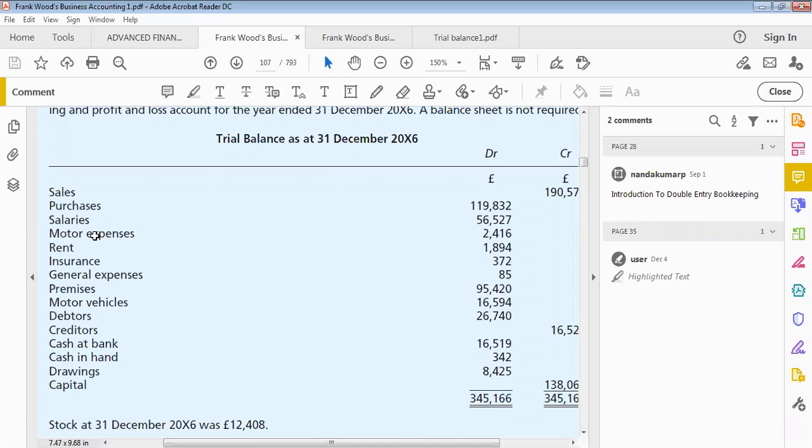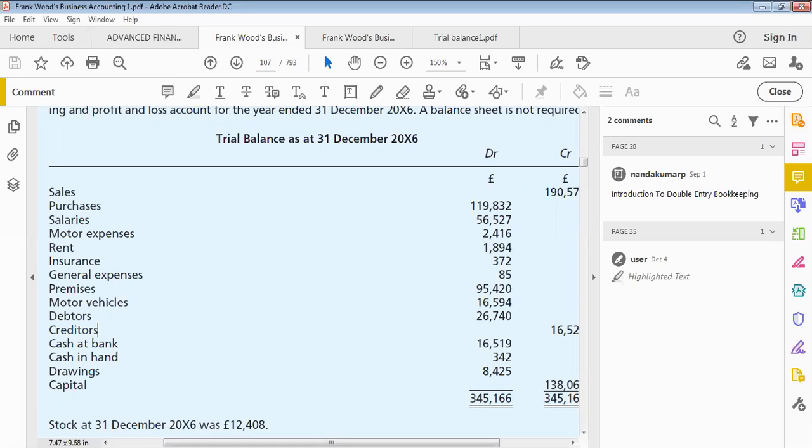So put in motor vehicles. And we put in the figures under the second column first. The figure for the premises purchase is 95,420.